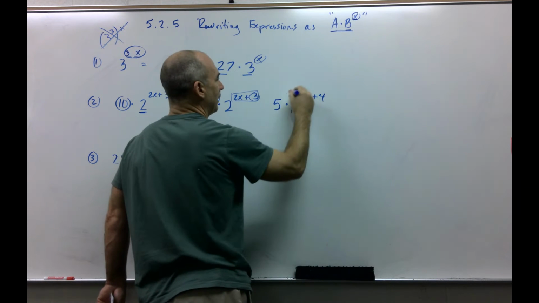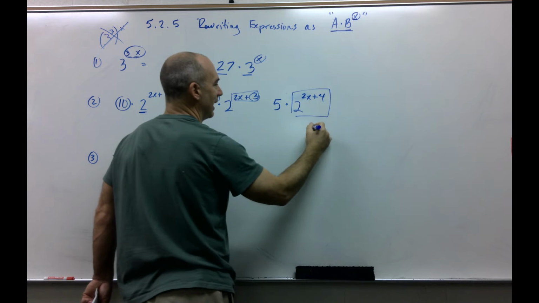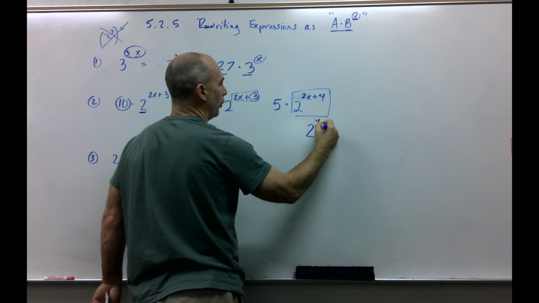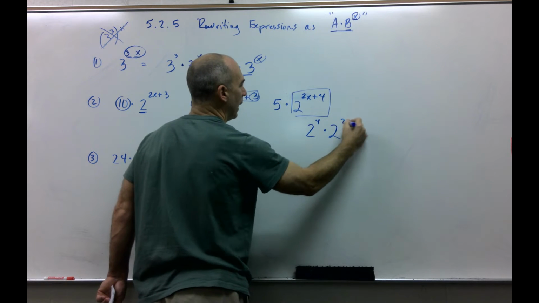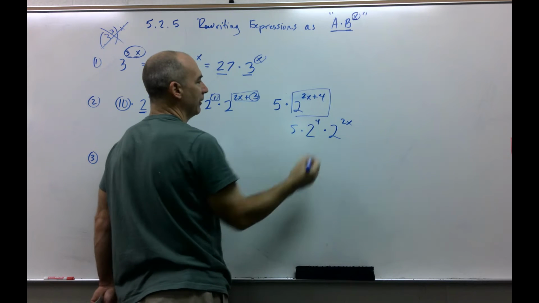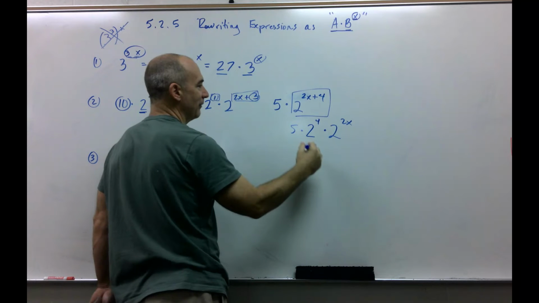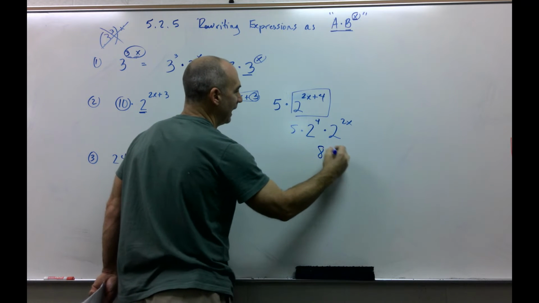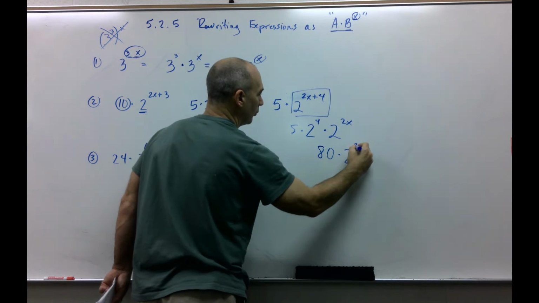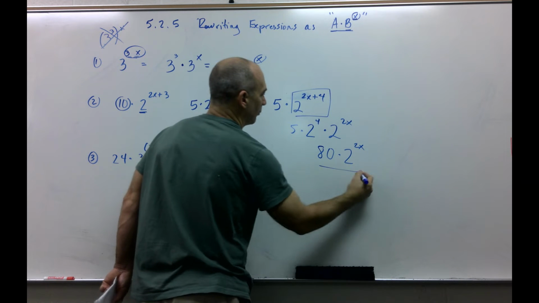But if I take a look at this, isn't that the same thing as 2 to the 4th times 2 to the 2x times 5? 2 to the 4th is 16. 16 times 5 is 80. So your book is going to have 80 times 2 to the 2x. And that's where they're going to want you to finish.